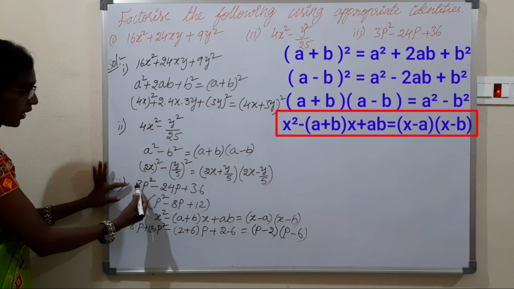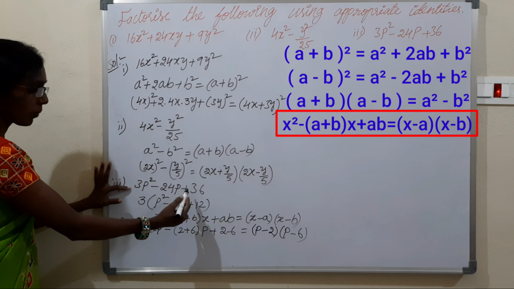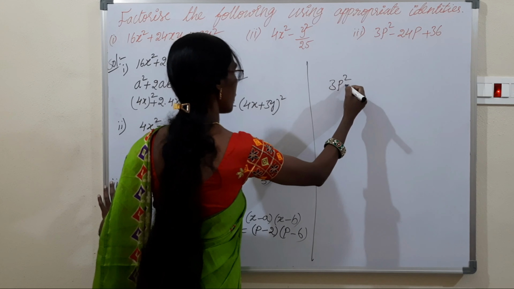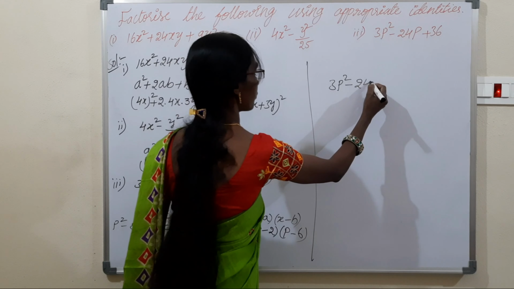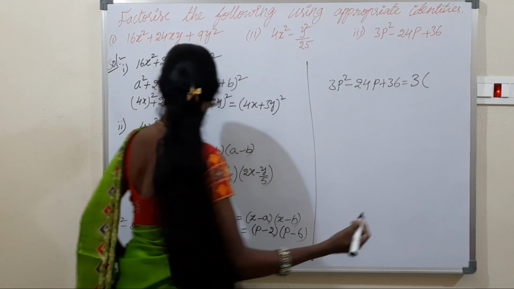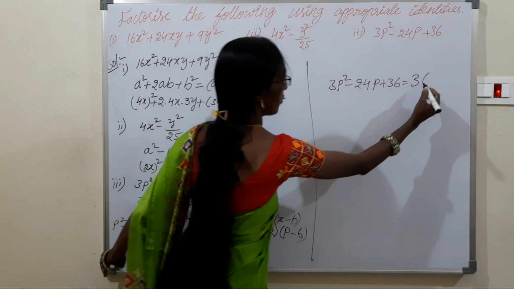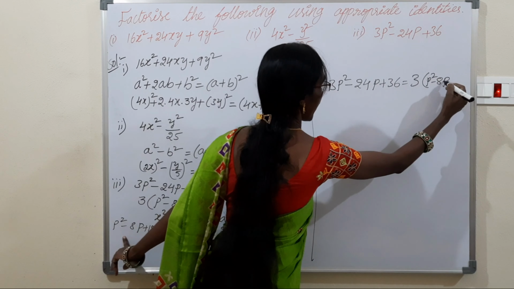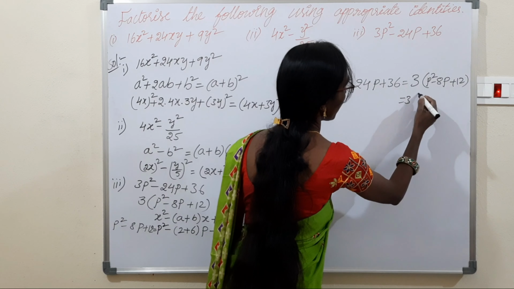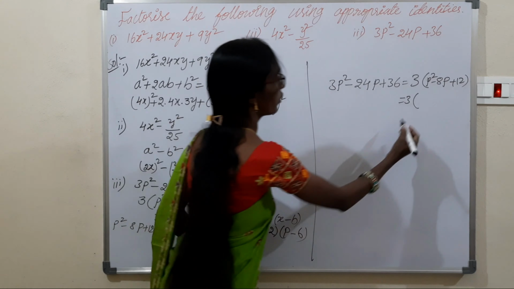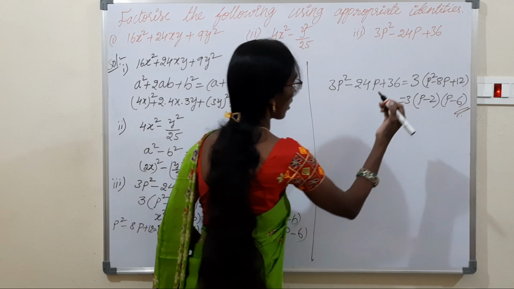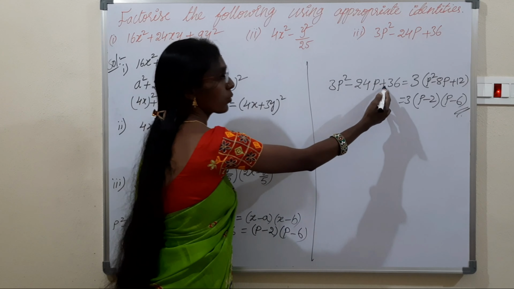But what do we need? We need to factorize 3p square minus 24p plus 36. So 3p square minus 24p plus 36 is equal to 3 into p square minus 8p plus 12, which is equal to 3 into p minus 2 into p minus 6. These are the factors of 3p square minus 24p plus 36.